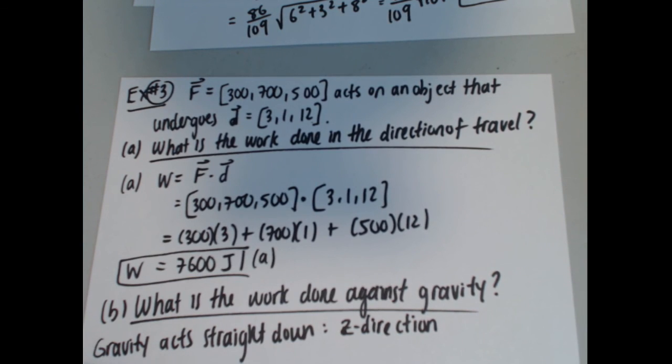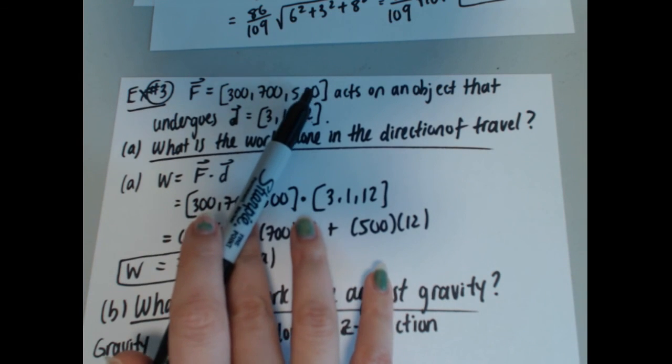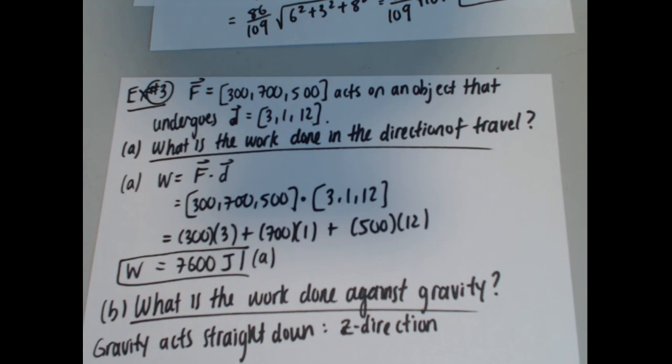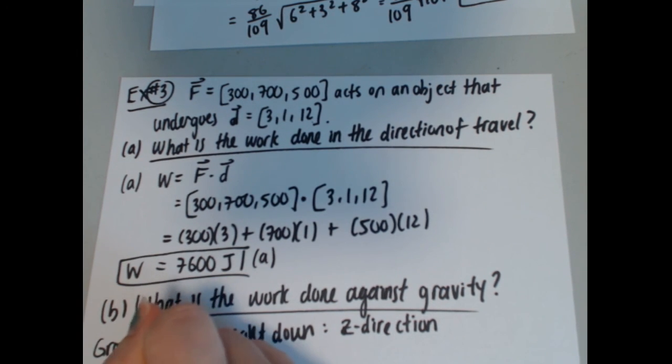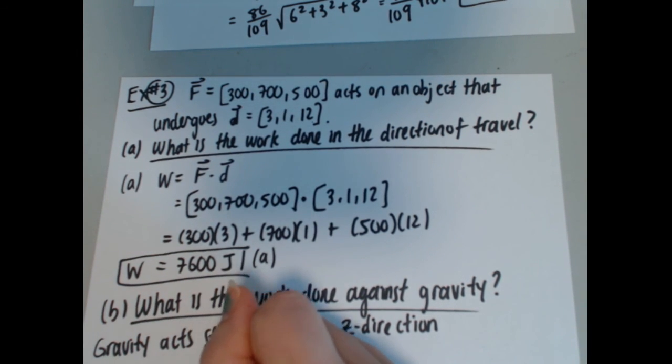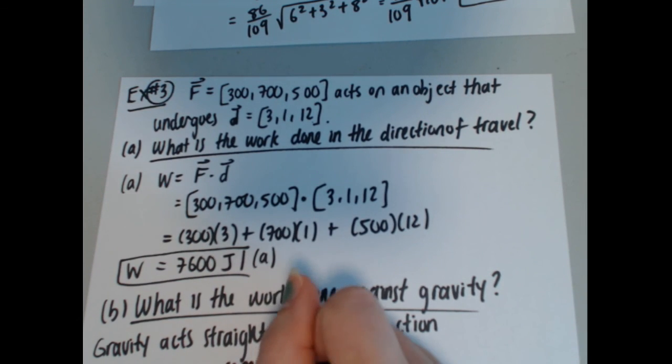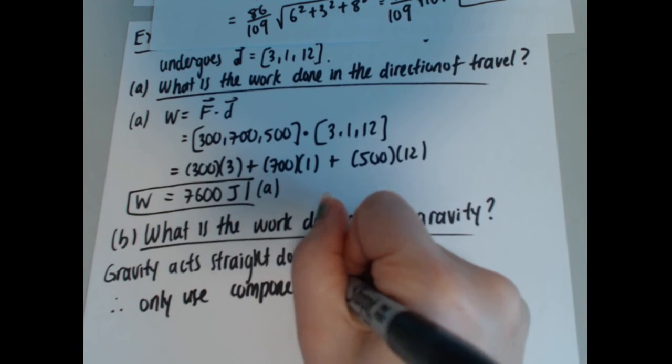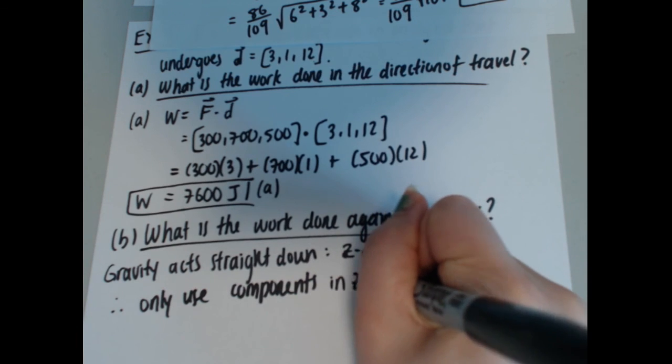Since we only care about gravity, we only care about the Z direction for the force and for the displacement. So therefore, only use the components in the Z direction.